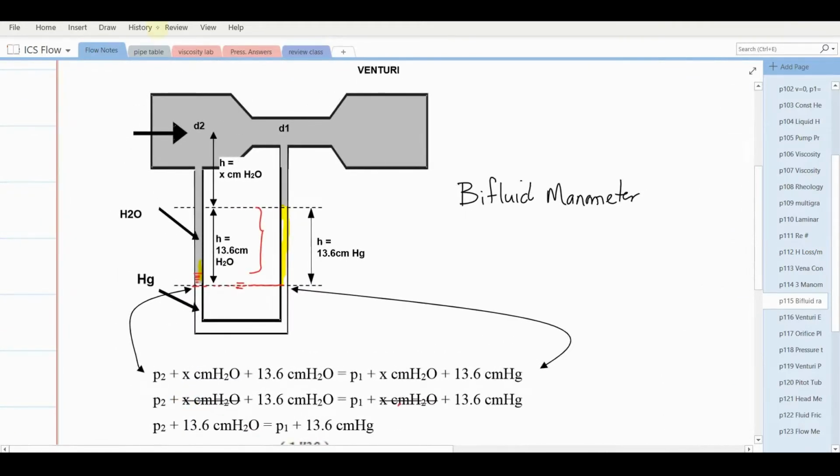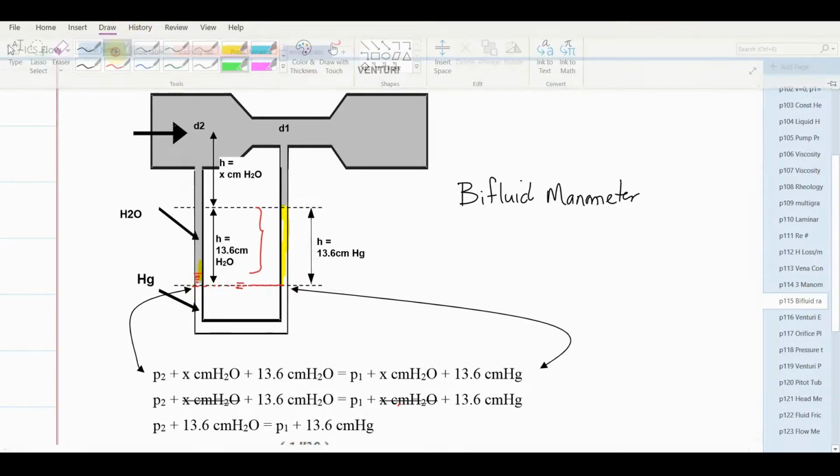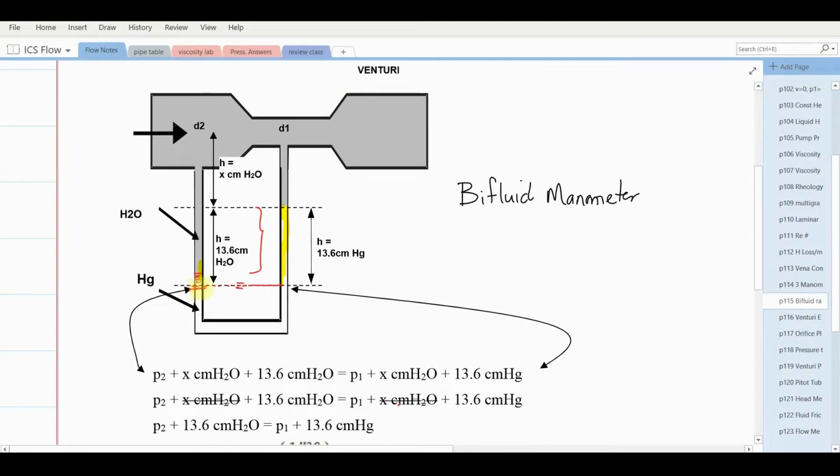We can say that the pressure is equal here and here along this red line. Why? Because those are horizontal levels in the same liquid.